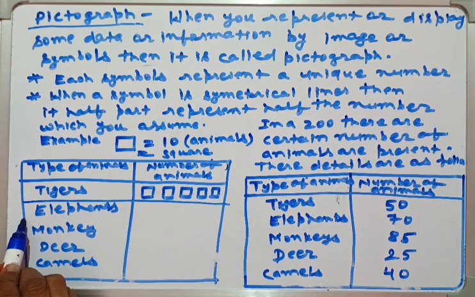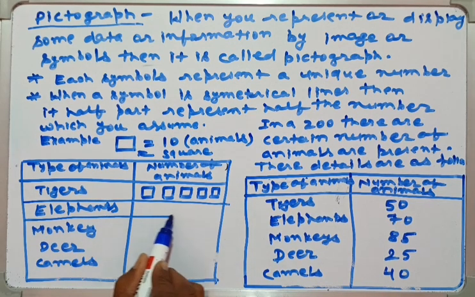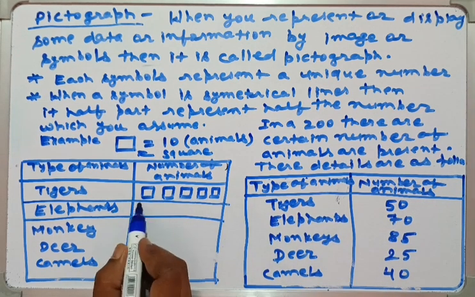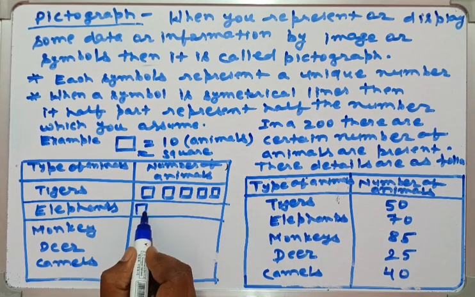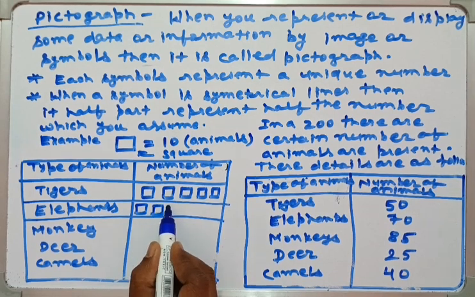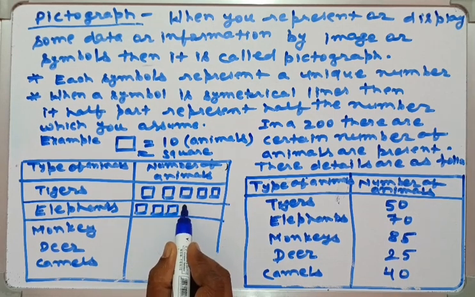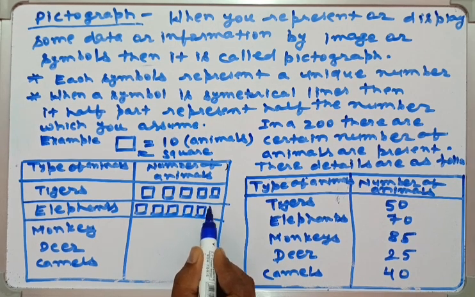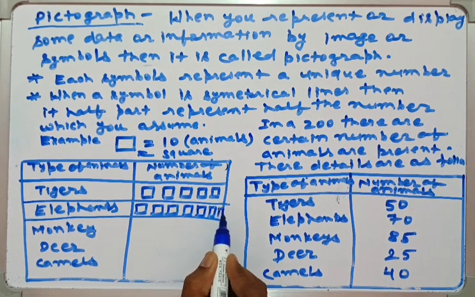So what will be the number of symbols for elephant? 70 divided by 10 is 7. Suppose this is the first, second, third symbol, which are similar, 4, 5, 6, and then 7.